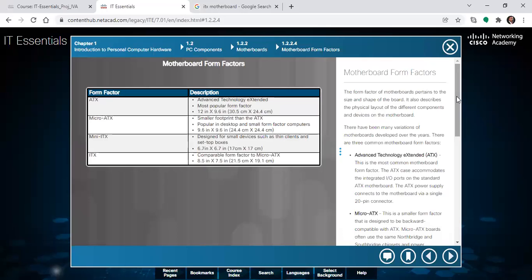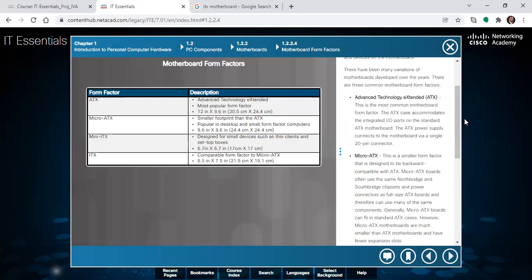So let's look at it. The form factor of a motherboard pertains to the size and shape of the board. It also describes the physical layout of the different components and devices on the motherboard. So we have the Advanced Technology Extended. This is the most common motherboard form factor.